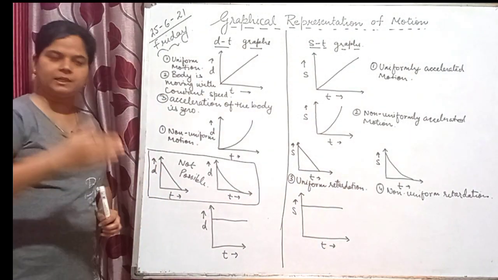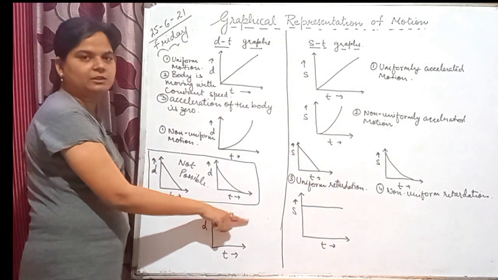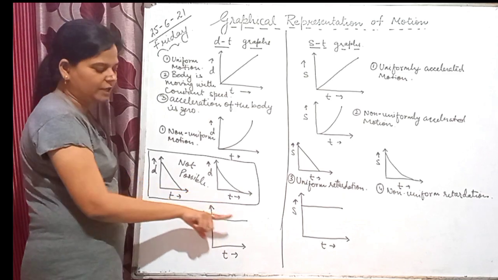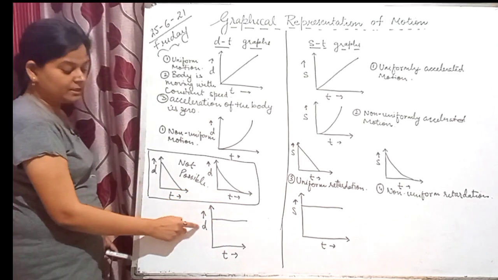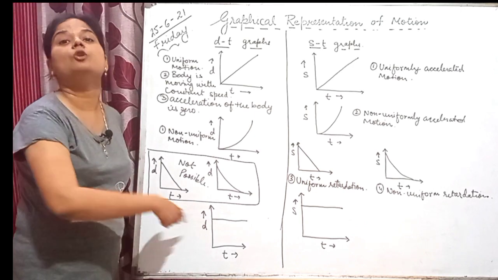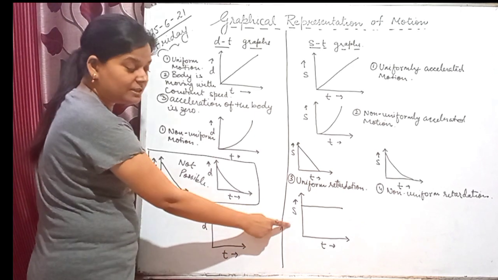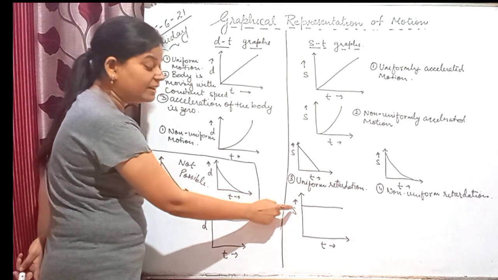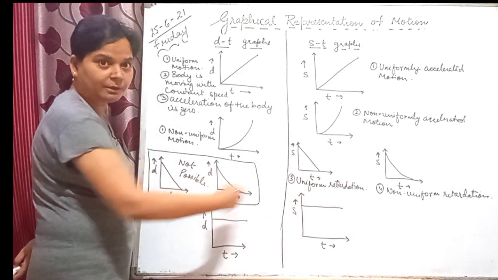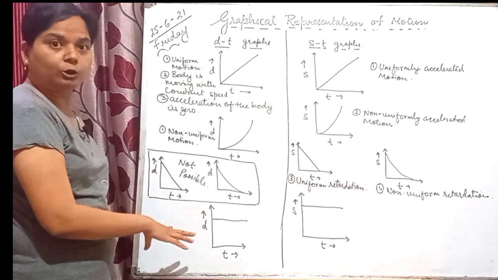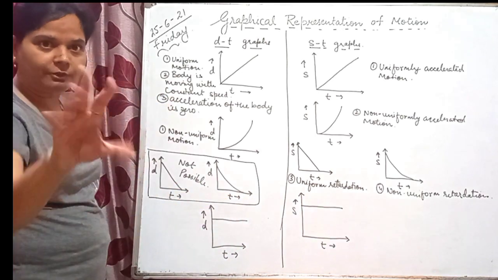We have already discussed that if the slope is neither going up nor coming down, that means the quantity on the y-axis is not changing. So this is saying that the distance is not changing with time, and this graph is saying that the speed is not changing with time. So both have different meanings, although they look similar.